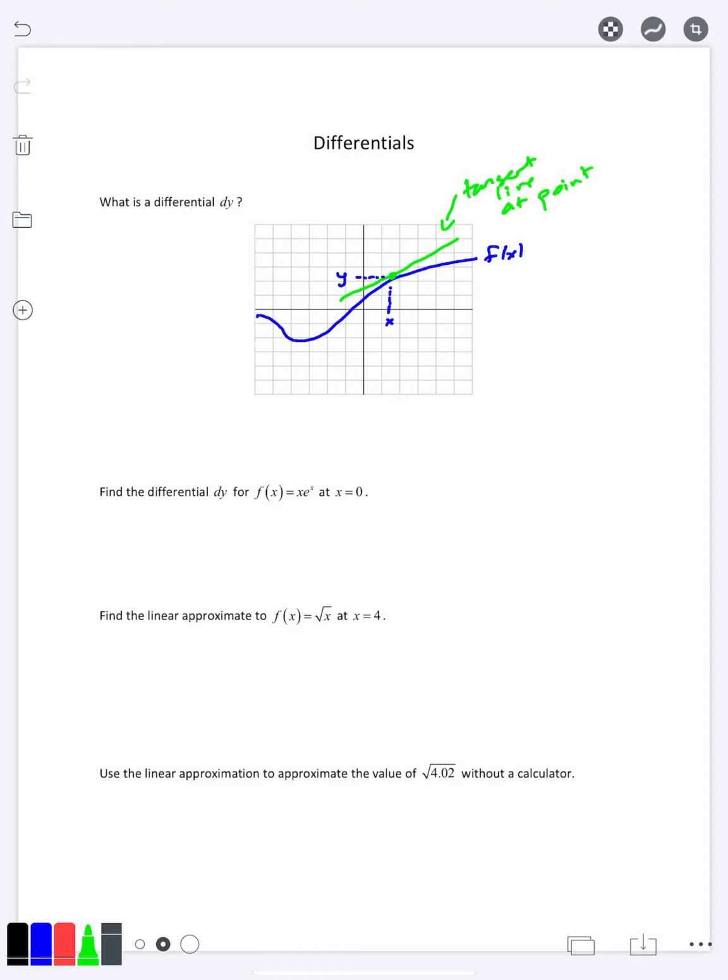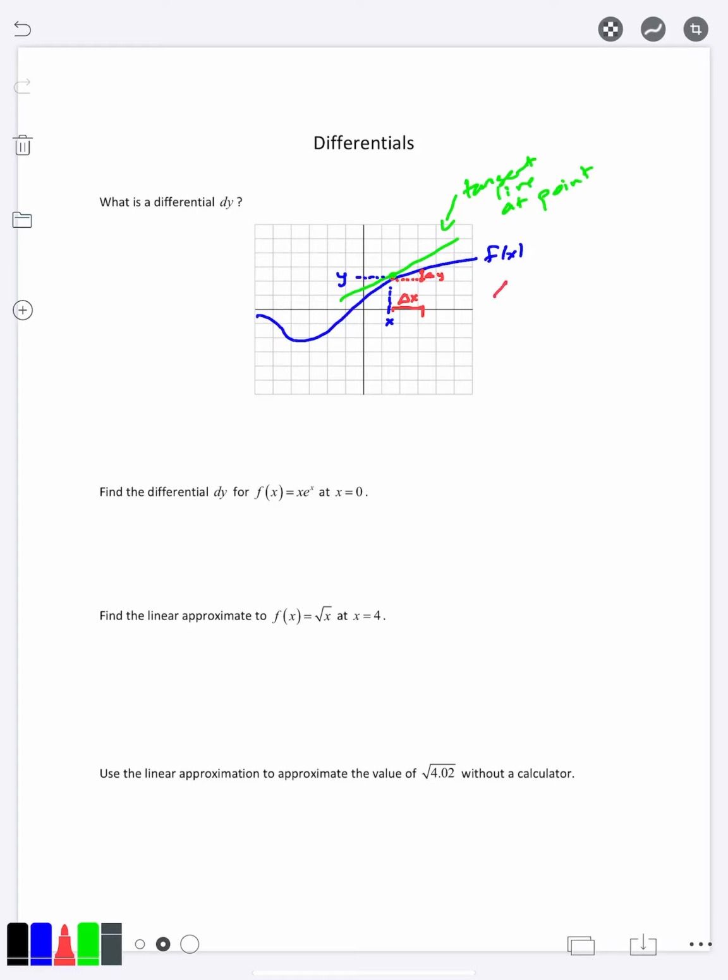And now what's going to happen is I'm going to say, okay, well, what if I move a little bit from here? So let's say I move a little bit over here to the right, and I'll call this change here delta x. Well, on your graph, when you move delta x to the right, your y value is also going to change, and it's going to change a value delta y.